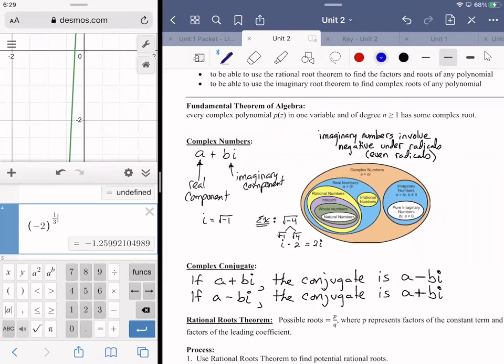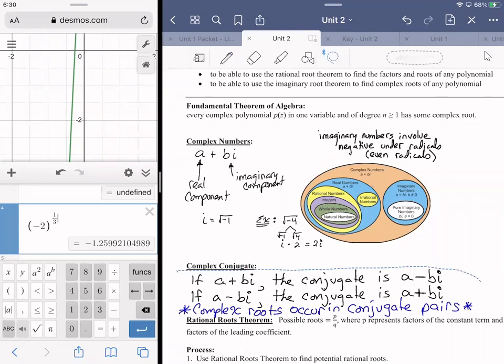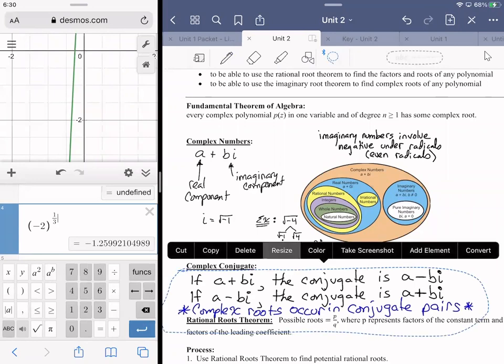So a consequence of that is, really it's a rule, but I would say it's more like something to be on the lookout for. Complex roots occur in conjugate pairs. So if I know, for example, one root of a polynomial is 3 minus 2i, and I'll actually write this down.